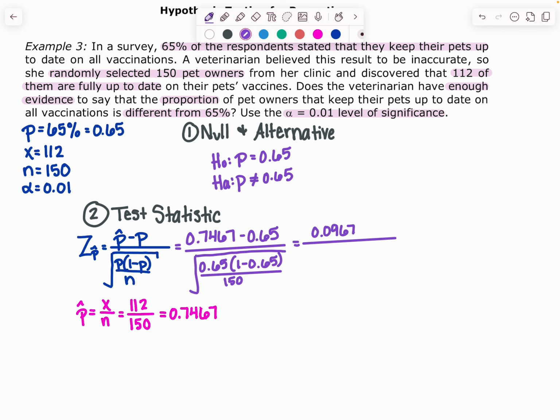And the bottom is 0.0389444. So we do that last division and we get 2.483.